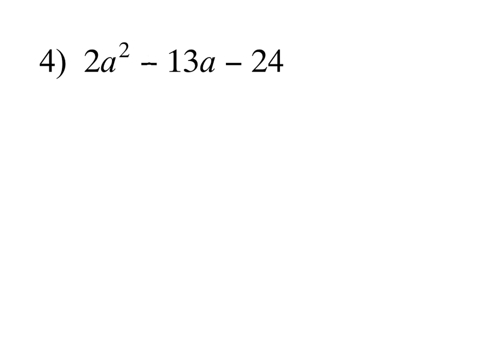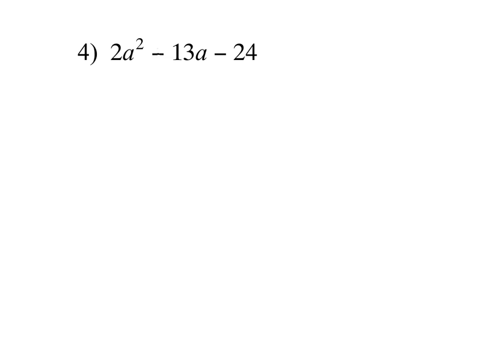Okay, so again, I'm going to start by multiplying 2 times 24. That's negative 48a squared. Two numbers that you multiply and give you 48, and you subtract and give you negative 13, are 16a and 3a, right? They have to be negative when you subtract them, so that means that this is negative, this is positive.